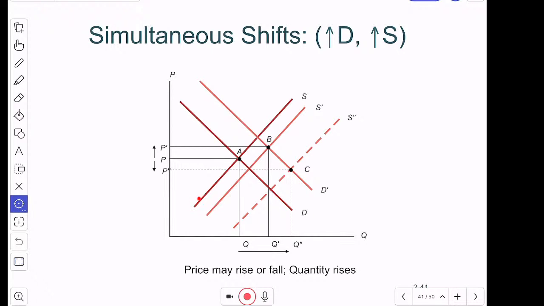Let's say at the same time there was some sort of improvement in the manufacturing process or the production process of the beans, and it made supply increase at every price. So you have these two shifts. We're going to go from where we started, the original demand and supply, A, and that will take us to the new one up here.